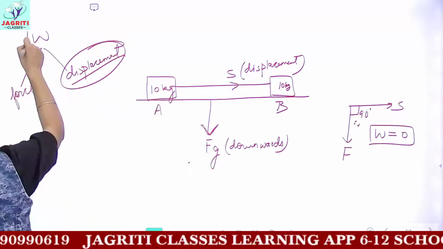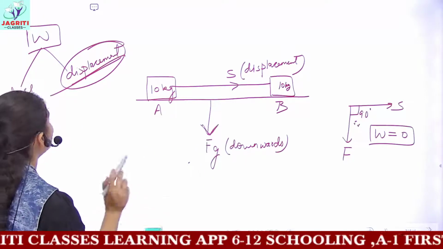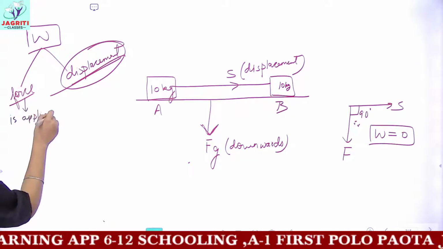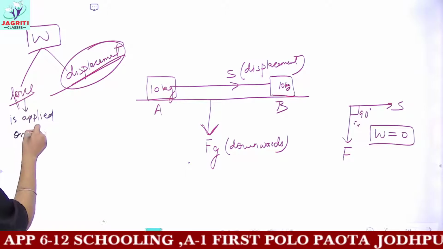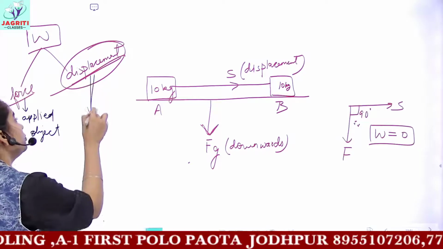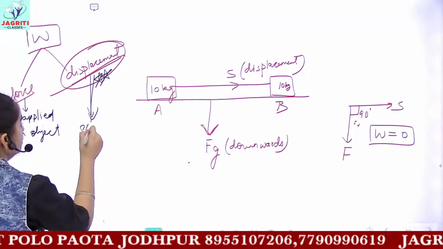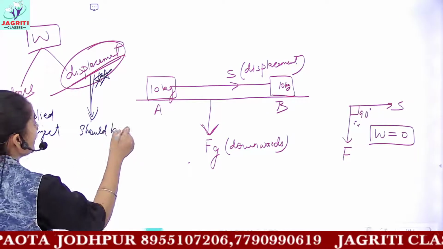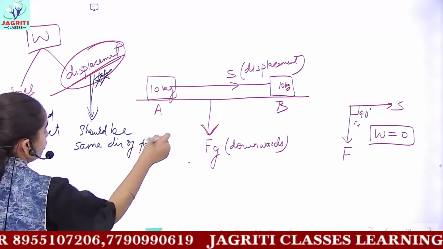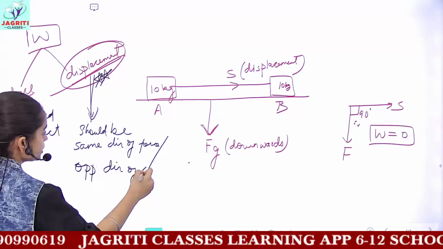So for understanding work, you have two parameters, force and displacement. But remember one important thing. This force is applied on the object. It does not have any other condition. But for the displacement, you should remember one very important condition: the displacement of the object should be either in the same direction as the force or in the exact opposite direction of the force applied.